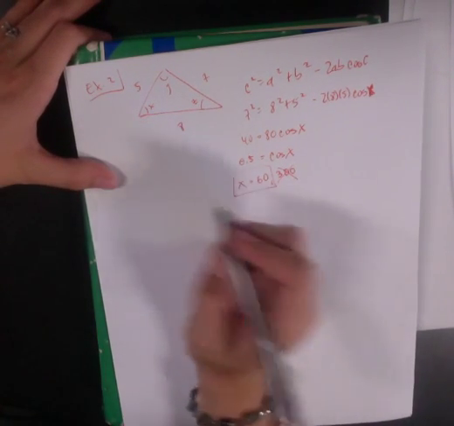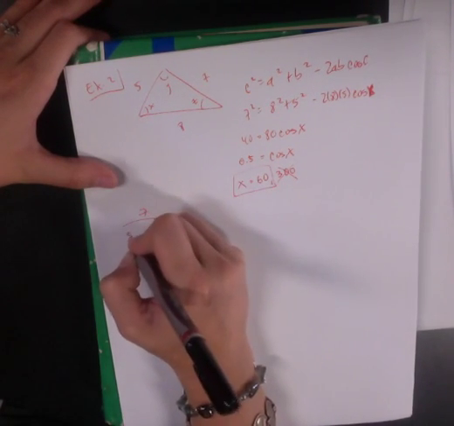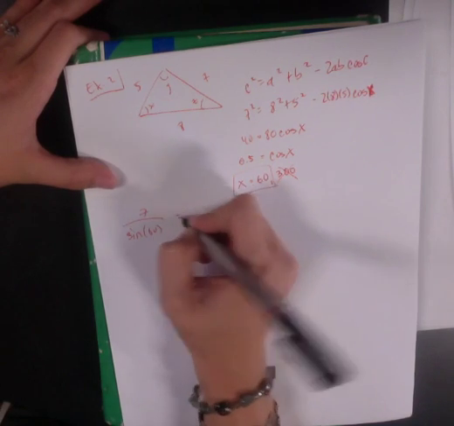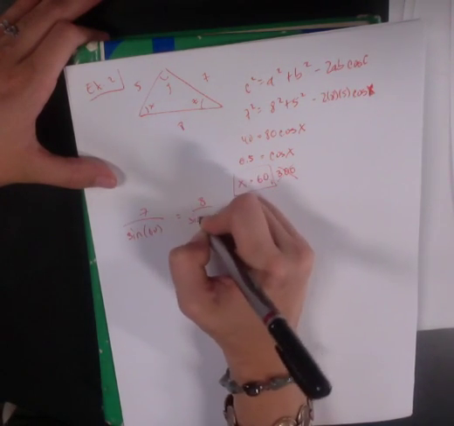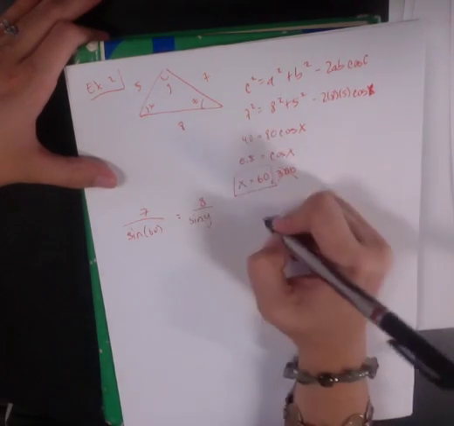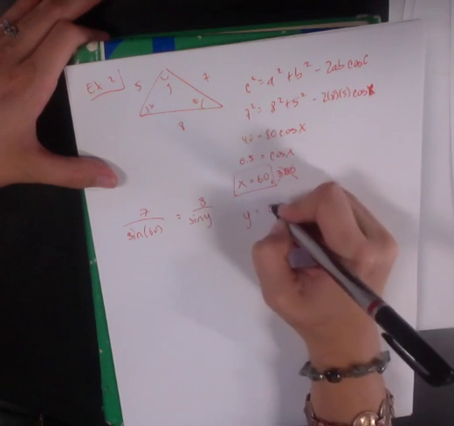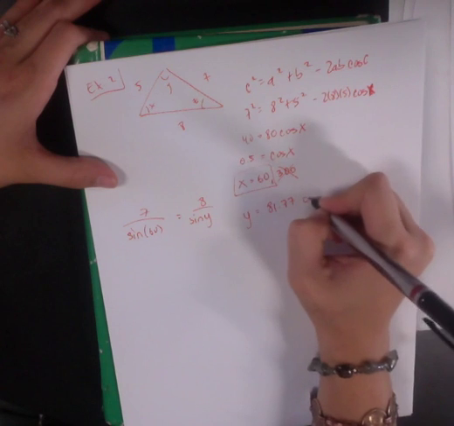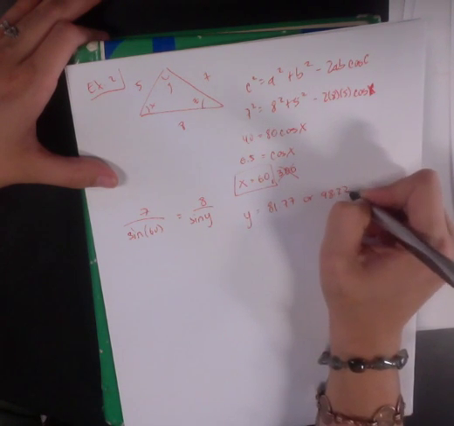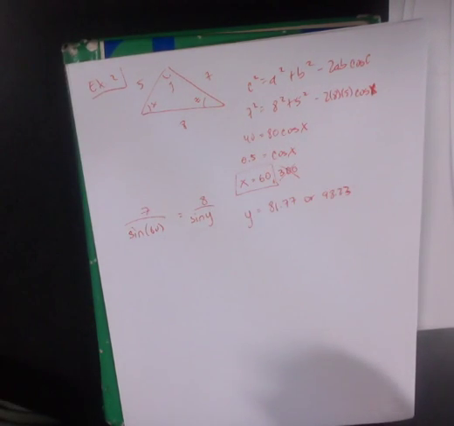Now we use the law of sines. We can say 7 over the sine of 60 is 8 over the sine of y. And from this we find that y can either be 81.77 or it can be 98.23. Again, because sine is positive in two places.